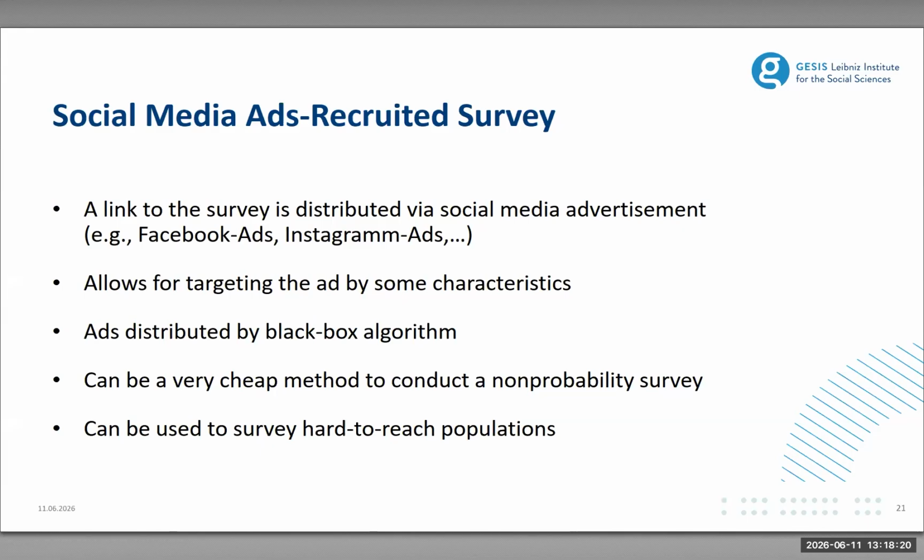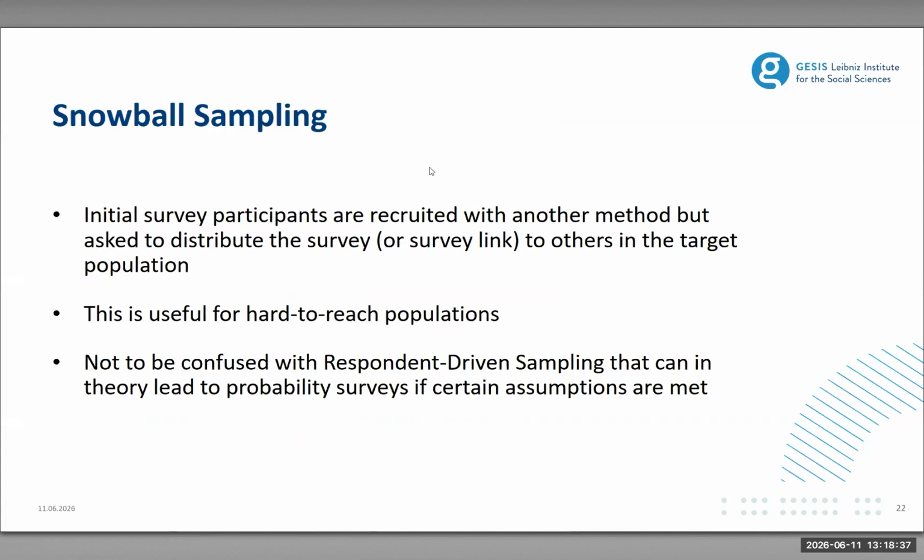And it's a really cheap method to conduct non-probability surveys, and it's often used to survey hard-to-reach populations that might be on these platforms, but are really hard to sample using a probability sample. And snowball sampling, as I said, can then be used to really get into this hard-to-reach population.